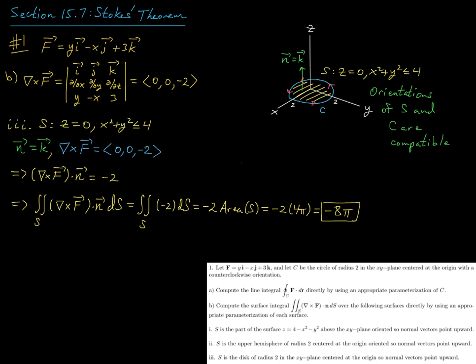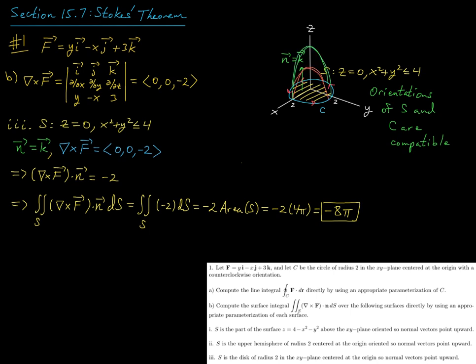And in our discussion of curl in section 15.5, that is del Q del x minus del P del y. So this is really just the 2D curl, and we're just integrating the 2D curl over this region, and in this case, it turns out, of course, to be negative 8 pi as expected. But the point is this is really just Green's theorem when you're looking at a flat surface like this sitting in the xy plane.